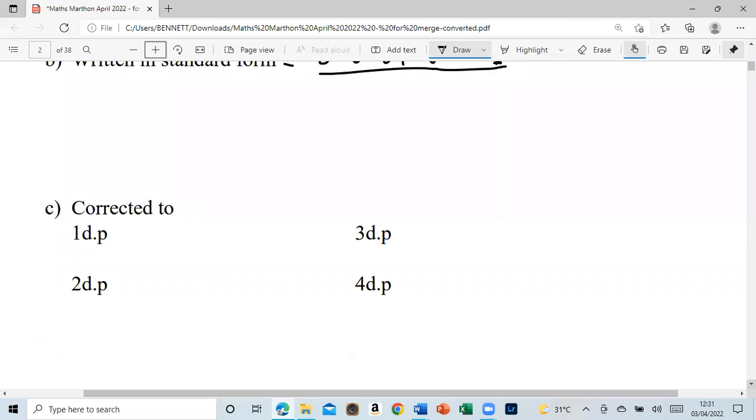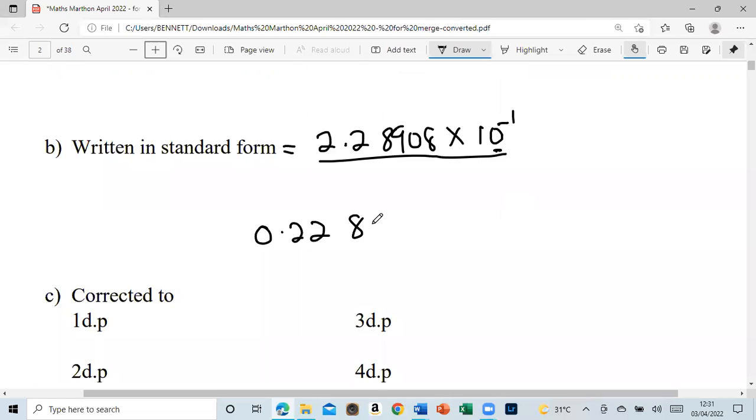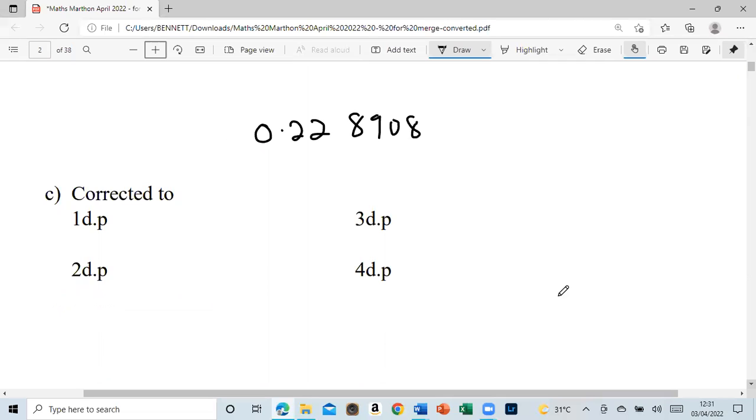All right. Let me just write back the original number, because we don't want to cover up this. What's the answer for 1 decimal place? When they give you this, use the original number, right? 0.2.